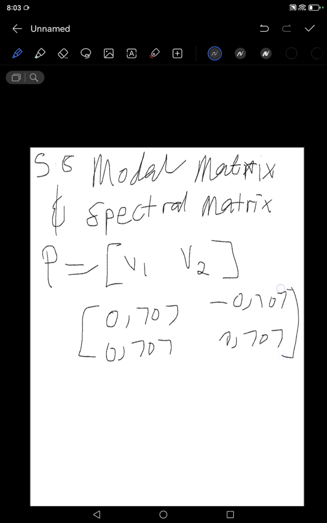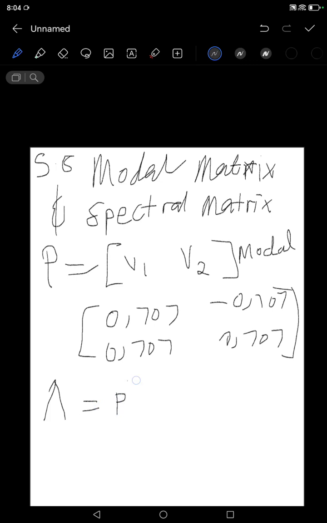We call this a modal matrix. When they say determine the modal matrix, you just write your equation, substitute V1 and V2, and you get your answer.